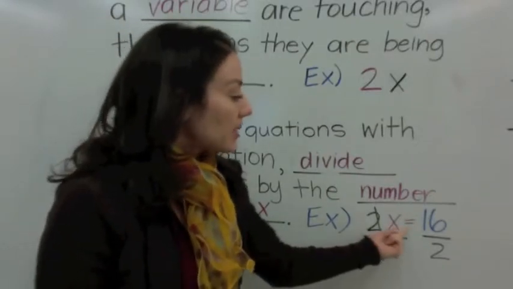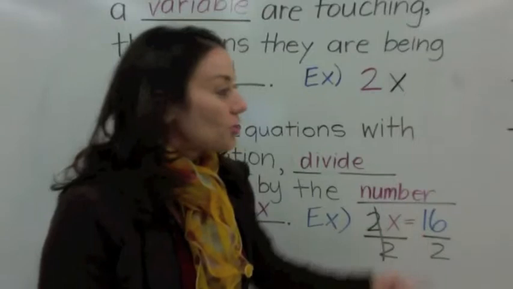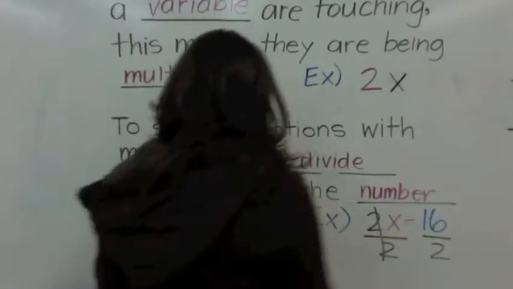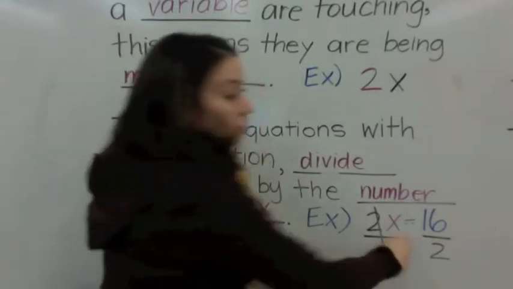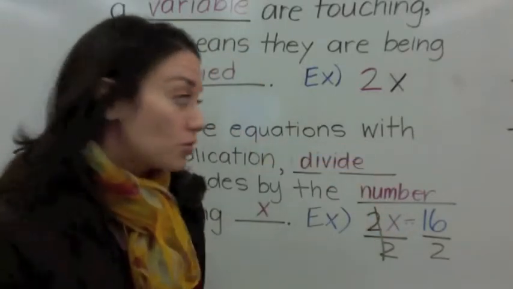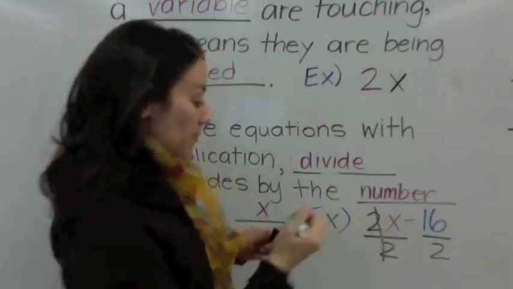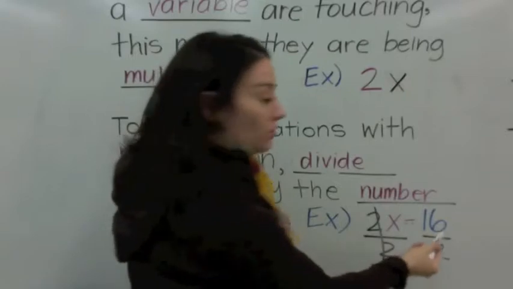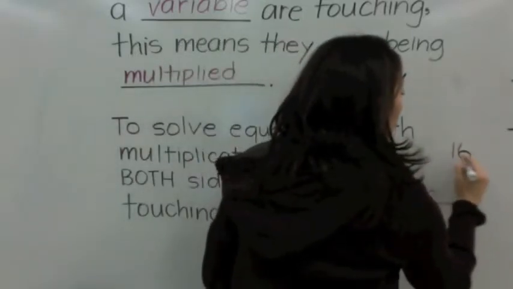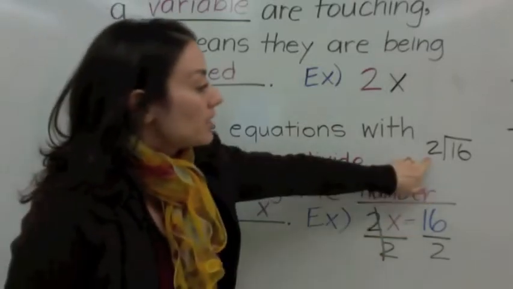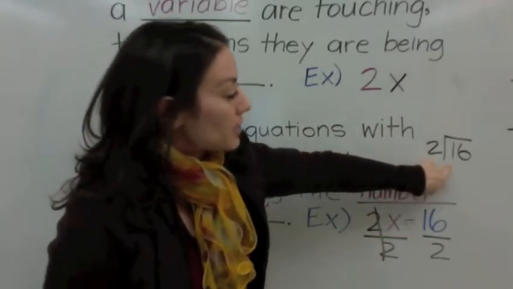But now x is 16 divided by 2. And this is a fraction bar right here. Now you can also do division like this with a box. You're kind of used to it. You could say, okay, 16 divided by 2. So how many times do you skip count by 2 to get to 16?